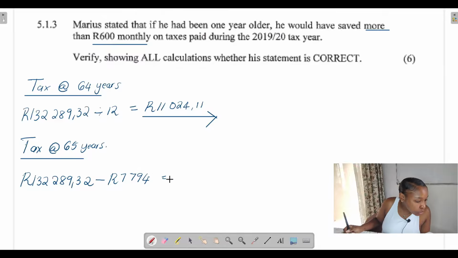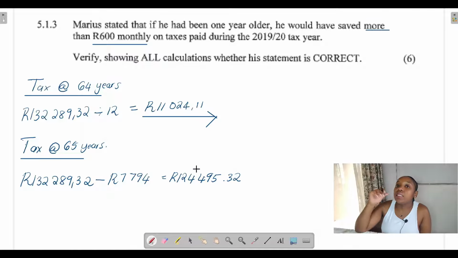If you punch that into your calculator, you will find that you get 124,495.32. So that is the tax that he would pay annually if he was 65 years old.